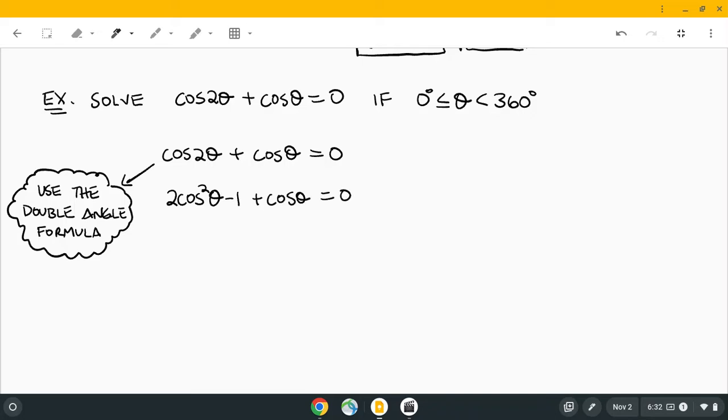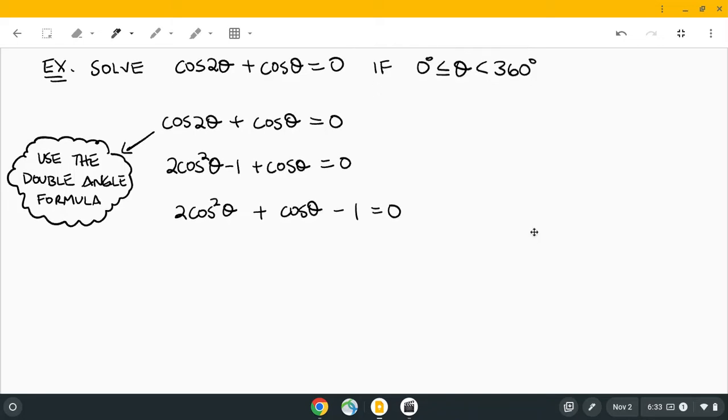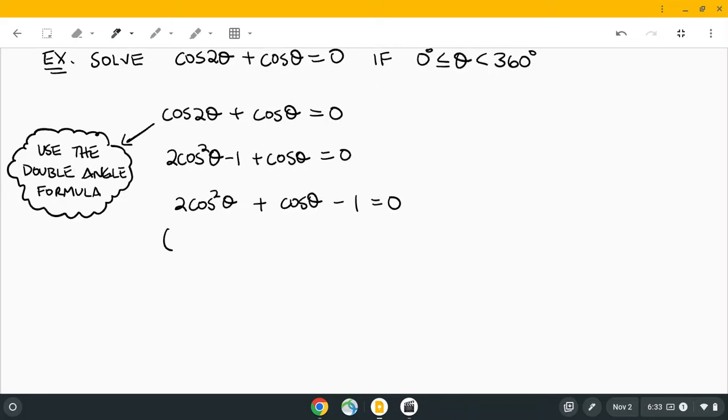equals 0. So here I have 3 terms, quadratic in form. So I'm going to go ahead and rewrite this in descending order. 2 cosine squared theta, and then plus cosine theta, and then minus 1. And I will try factoring this.